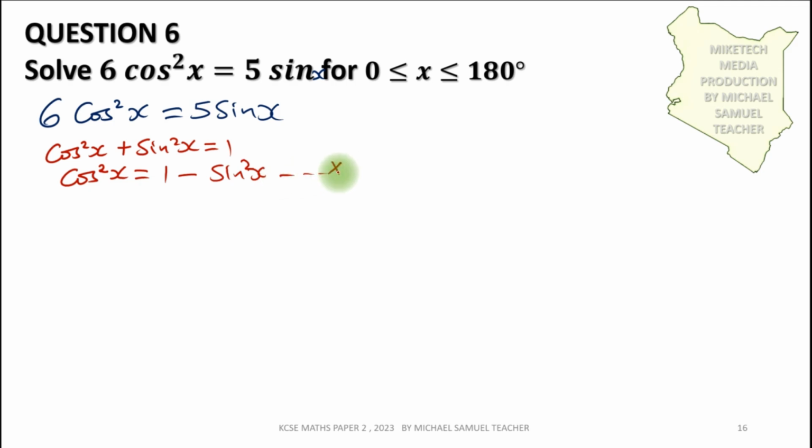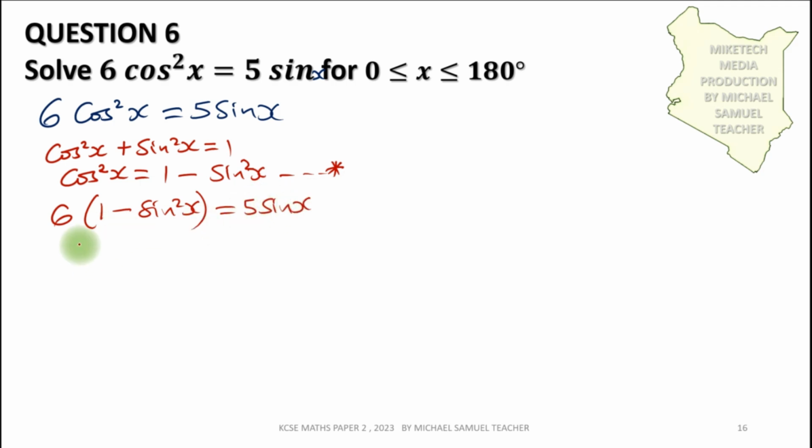Therefore, we substitute into the given equation, and that will be 6 times 1 minus sine x squared, equal to 5 sine x.